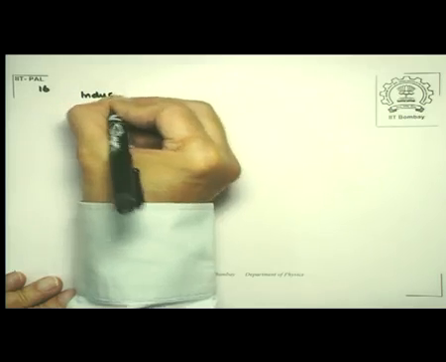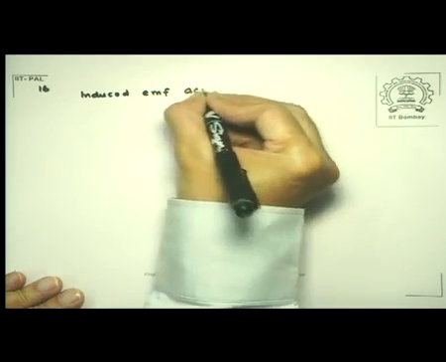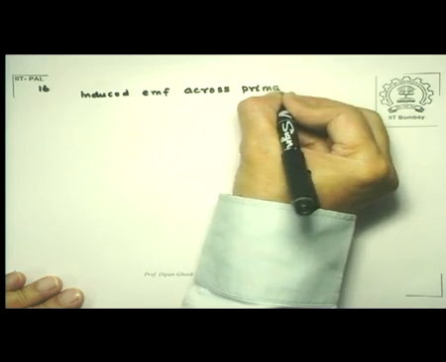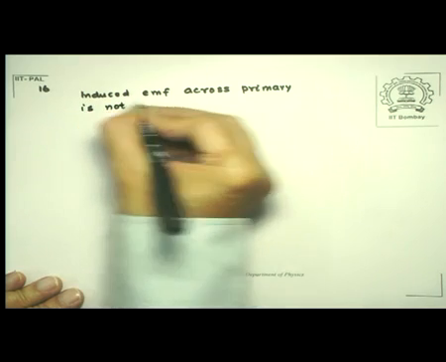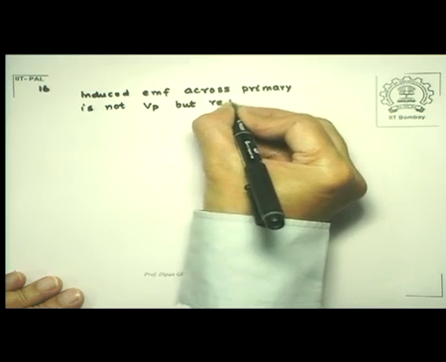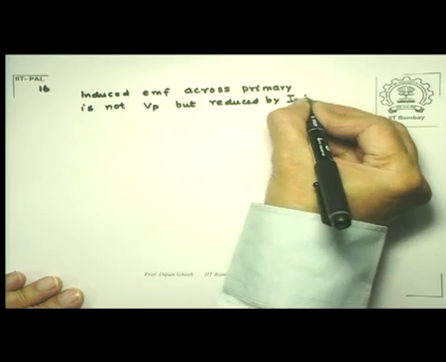So the induced EMF across primary windings is not Vp but reduced by Ip times Zp.